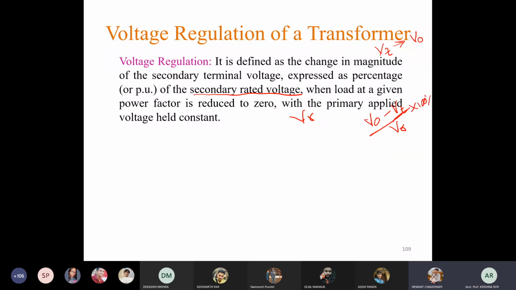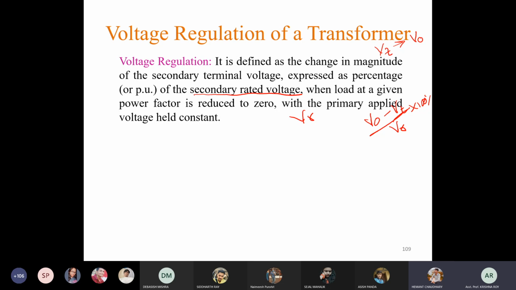Now is there any other condition? Yes, the condition is that you have to keep the power factor fixed. That means the load connected to the secondary side, which you are removing from the transformer, has to be defined with a given power factor.